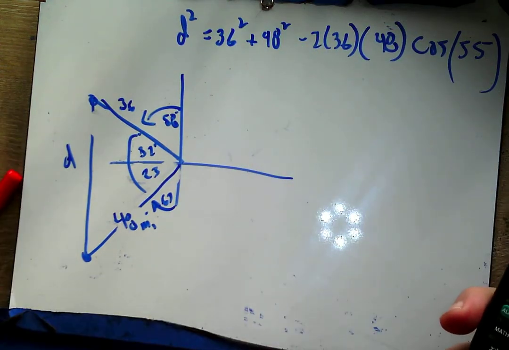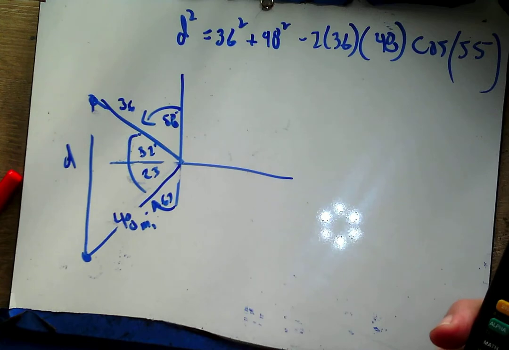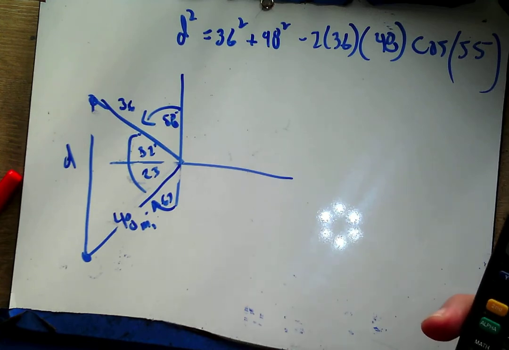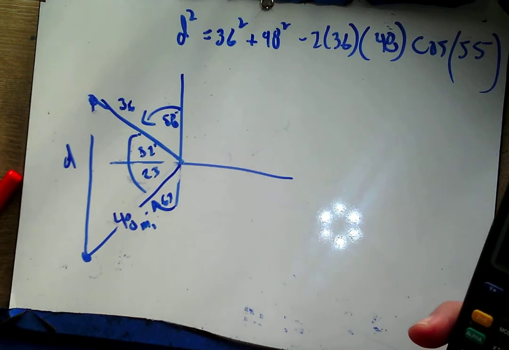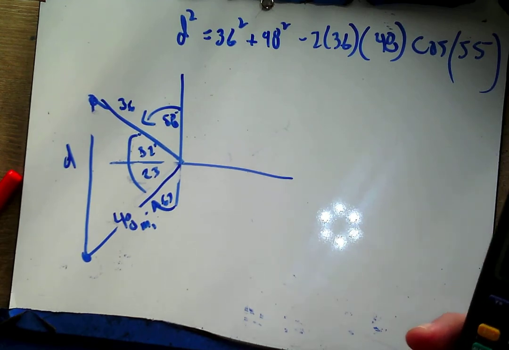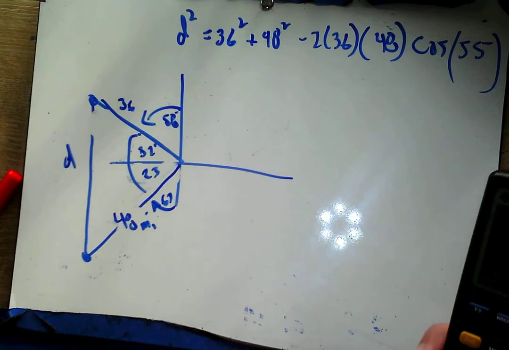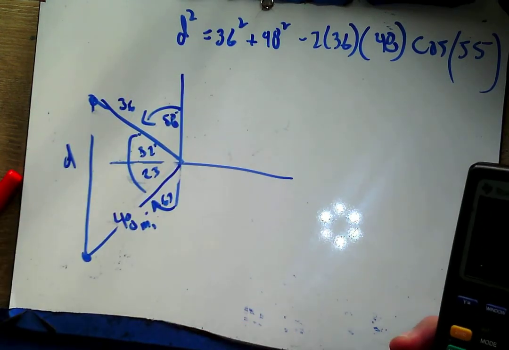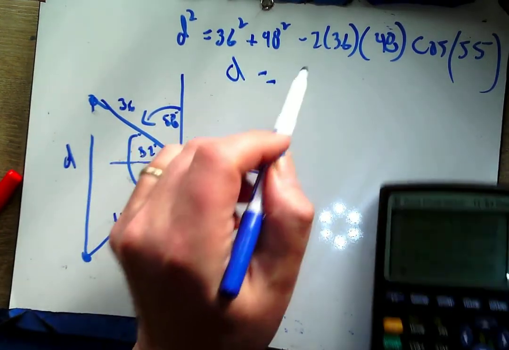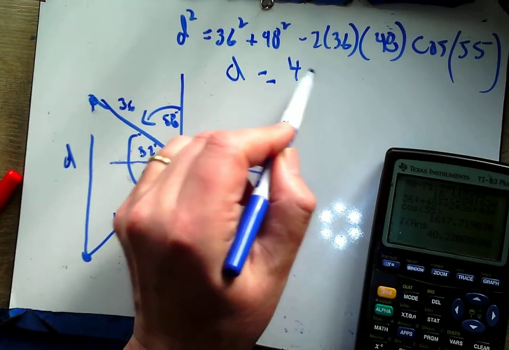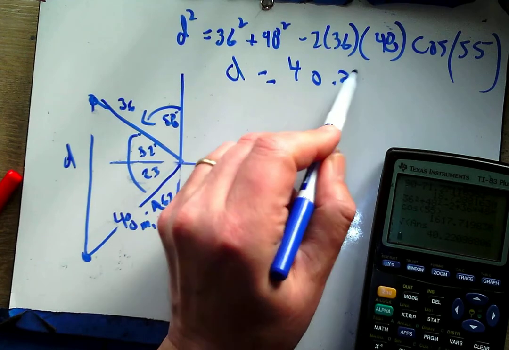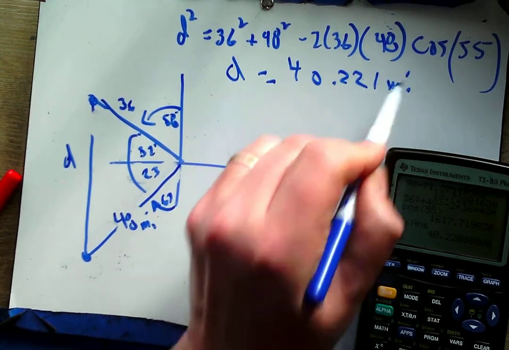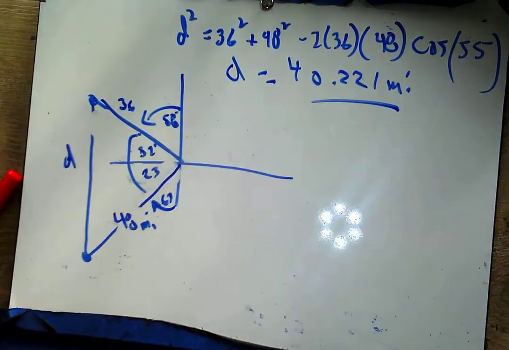Well, let's find out what we get. 36 squared plus 48 squared minus 2 times 36 times 48 times the cosine of 55. Remember, this number is d squared, so don't forget to take the square root of that number, and you should end up with d equals 40.221 miles.